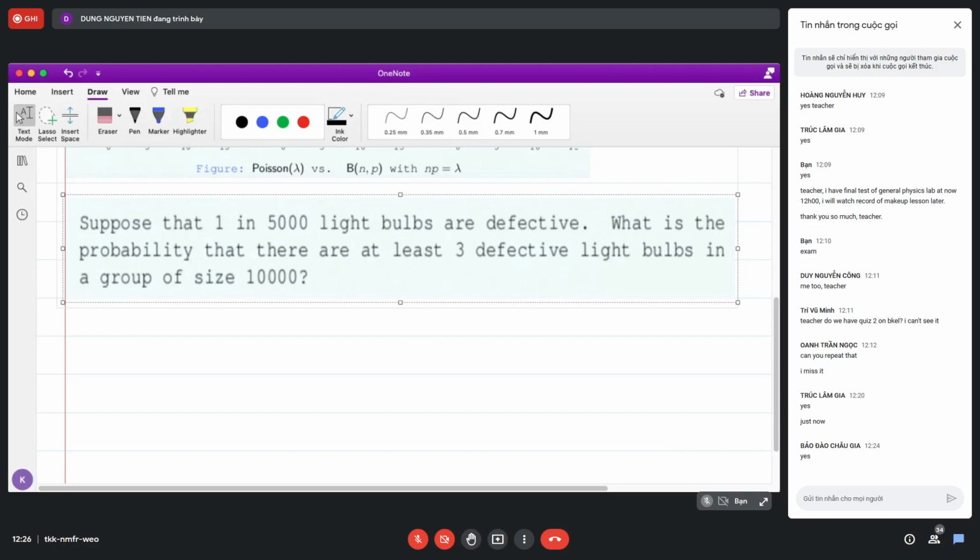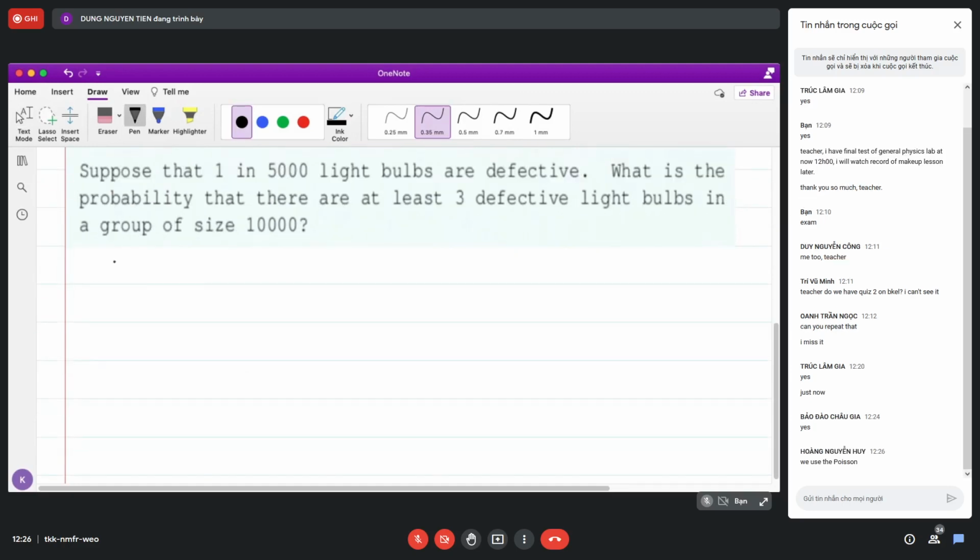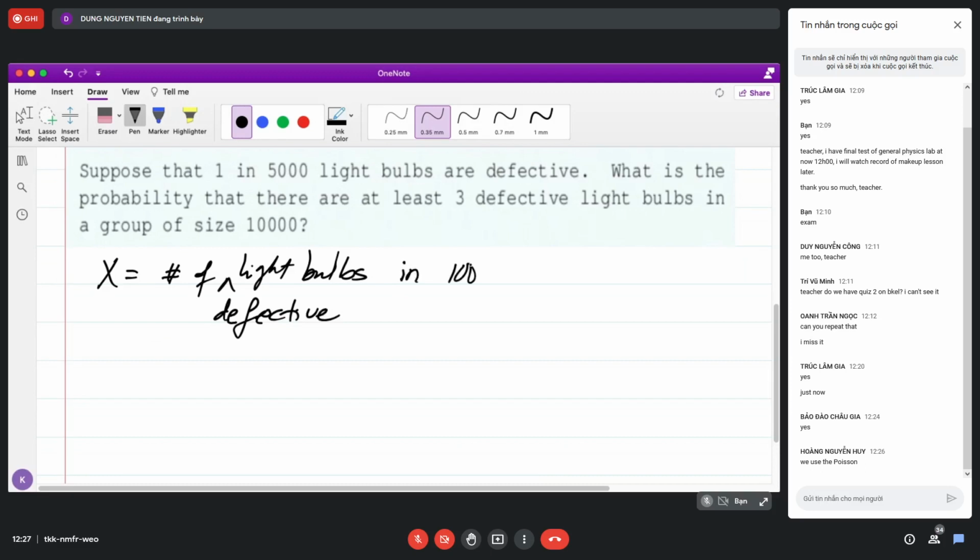Do you know how to solve the problem here? Suppose that X is the number of defective light bulbs in the group of 10,000 bulbs.